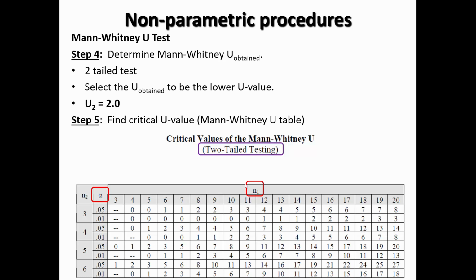We have our N1 and N2 along the column, the sample size for our first group and for our second group. In this particular study, the sample sizes are equal, so it's 5 and 5. At the 0.05 level, we have a critical U value of 2.0.